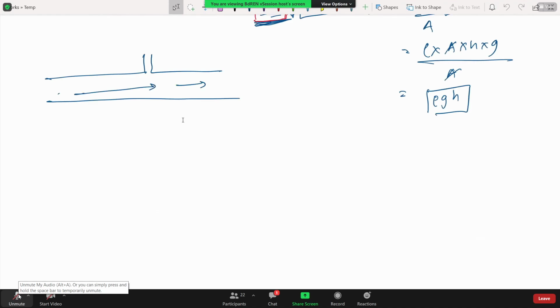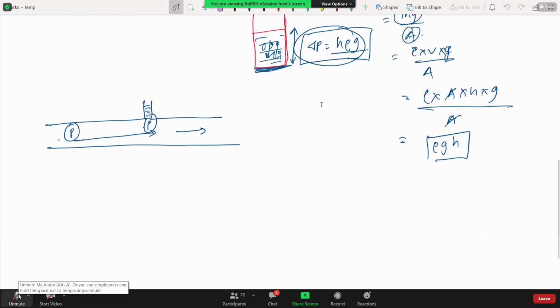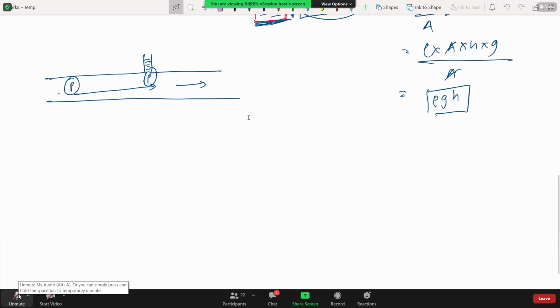So the water has velocity, the y component of the velocity is 0, but still some of the water will come here. Why is that? Because we have some extra pressure here. This extra pressure is because of this h rho g.